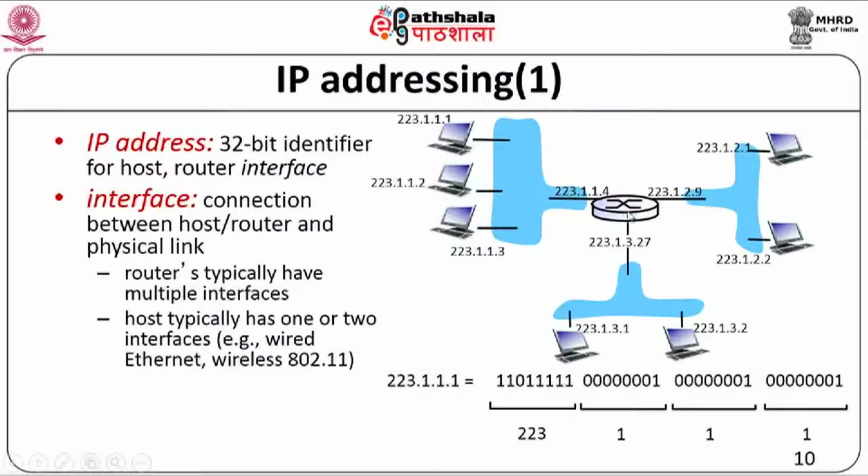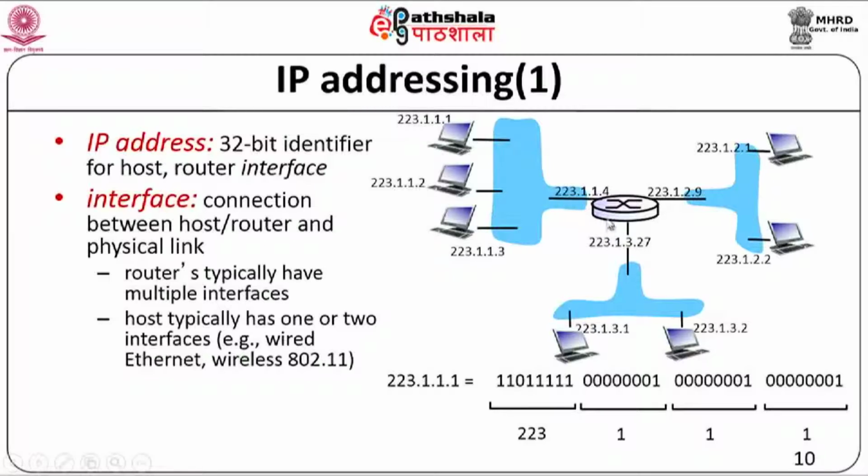Okay. This router, if you look at, is also connected to this network. So, on this interface it has an address of 223.1.1.4. On this network, you can see that this is a different network. This network has an address of 223.1.2, right. So, all nodes on this network have a network component of 223.1.2, but they can have different node addresses 1, 9, 2 and so on. And this router is connected to this network also.